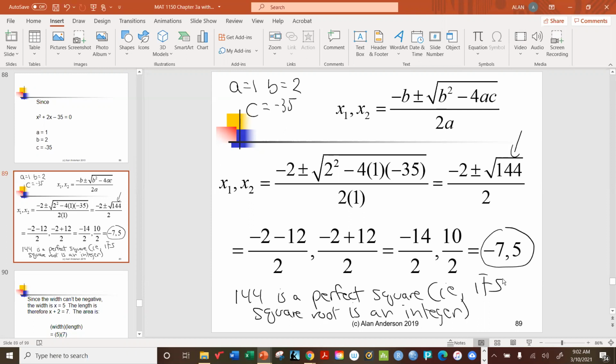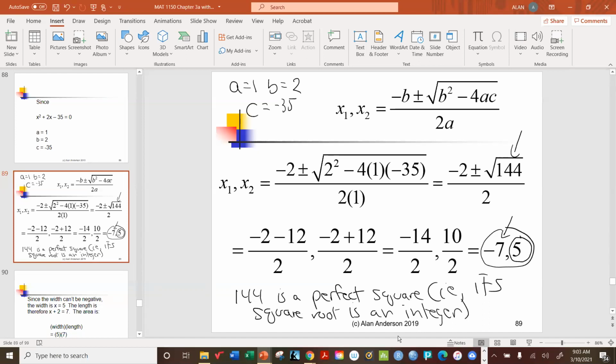Now -7 is a perfectly valid solution to this equation, but we're dealing here with physical dimensions. And so what that means is you've got one solution that can't possibly work in the real world because there's no such thing as -7 inches or feet. So that just tells us that we must go with 5 as our solution.